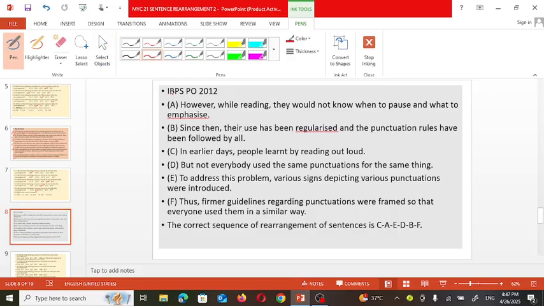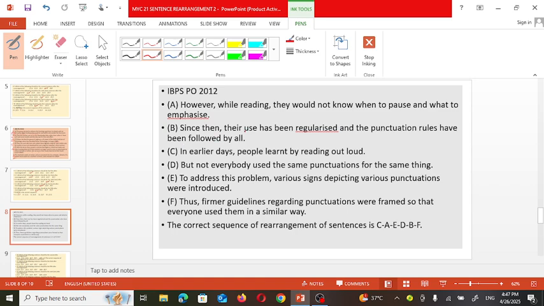The question was asked in the IBPS PO exam 2012. Now let's go through all these statements given here. However, while reading, they would not know when to pause and what to emphasize.